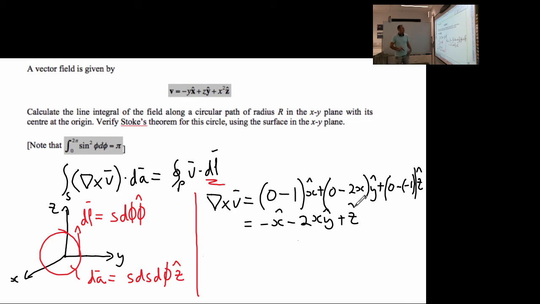Now we can see when we do the dot product of the curl of V with our infinitesimal area element, we're going to have a z hat dot z hat, and z hat in Cartesian and also cylindrical coordinate systems are the same. So we will have our integral between 0 and 2 pi for the phi, between 0 and r for the s of s ds d phi.